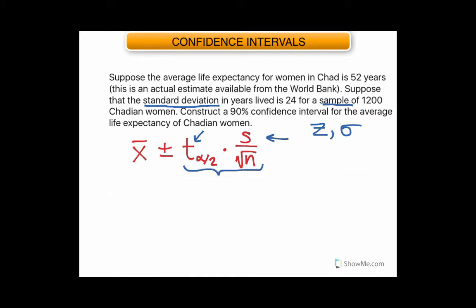This entire part here is the margin of error. A lot of times it's useful when you're doing confidence intervals to calculate the margin of error first, just because it's easy to add and subtract one number. Then we can write down the information the problem gives us. Average life expectancy is 52 years, so that's our x bar.